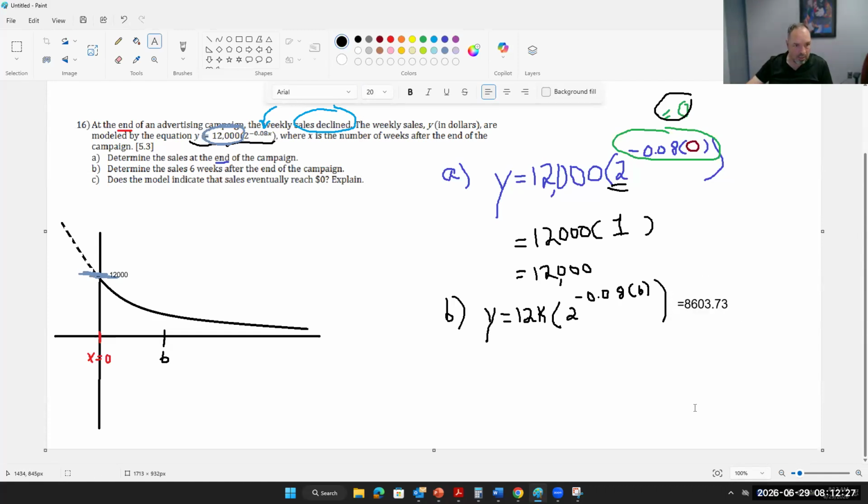All right. And then the last thing, does the model indicate that sales eventually reach 0?